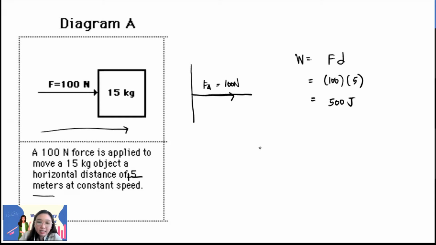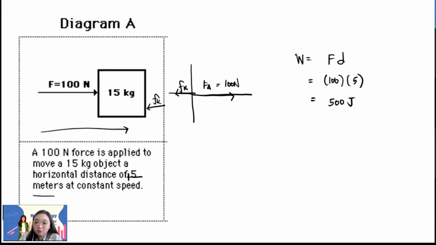Yan. What if may friction na tayo? Kunwari, hindi frictionless yung surface. Ano yung mangyayari sa equation natin? Anyone? Anong mangyayari dun sa equation natin? So, magkakaroon na tayo ng effect from the friction.